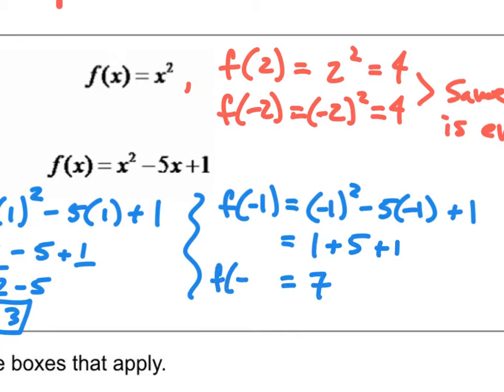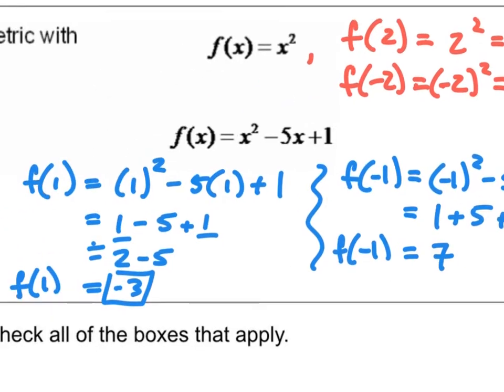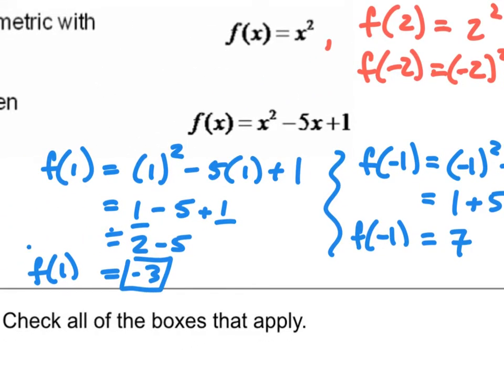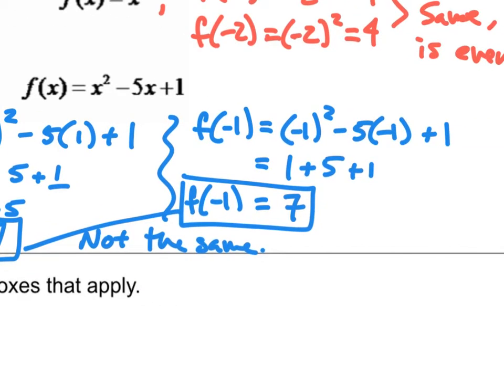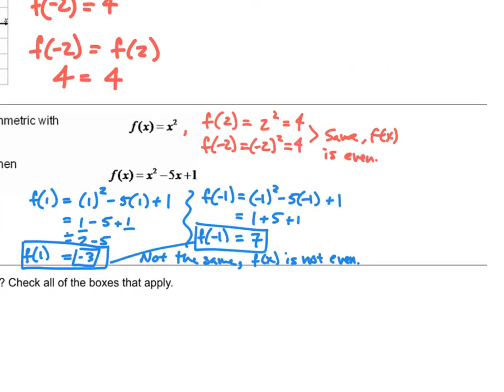So f of negative 1 is equal to 7. You have this value down here and this value here, and these are not the same. So since they are not the same, that means f of x here is not even. And that's how you can tell.